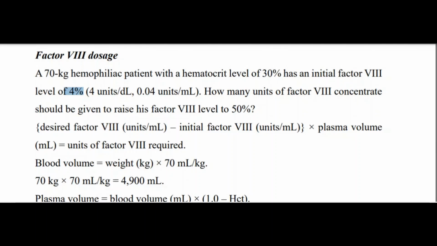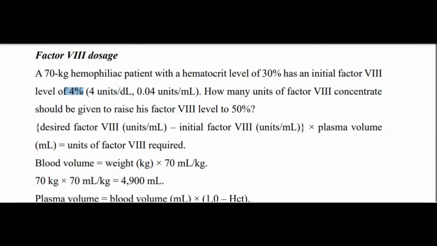So here is the formula that you can use to calculate the units of factor 8 required for this patient. We take the desired factor 8 level, which is the level we want to achieve, minus the initial factor 8 level, times plasma volume.